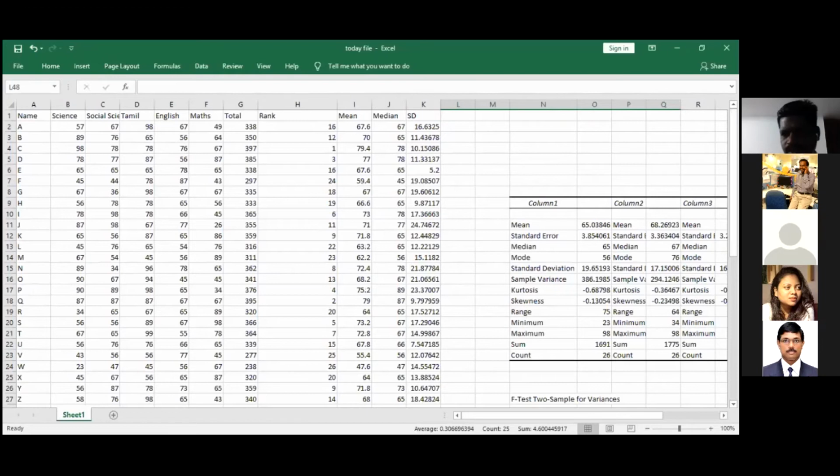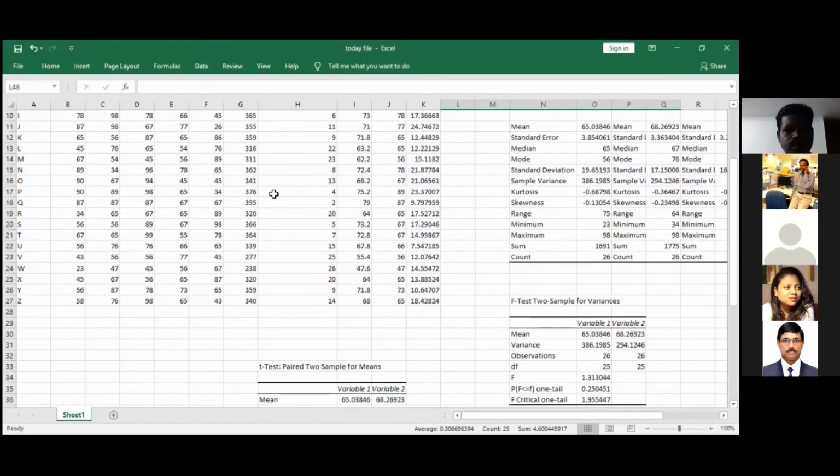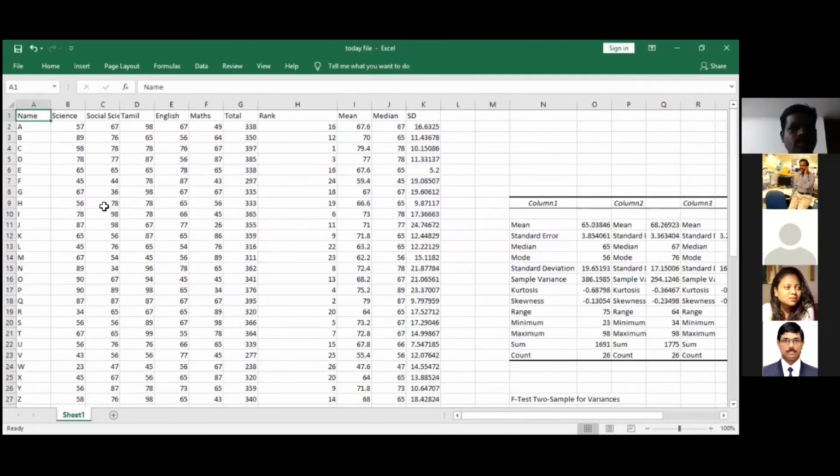One is for actual values, another one is for expected values. Also, for total.